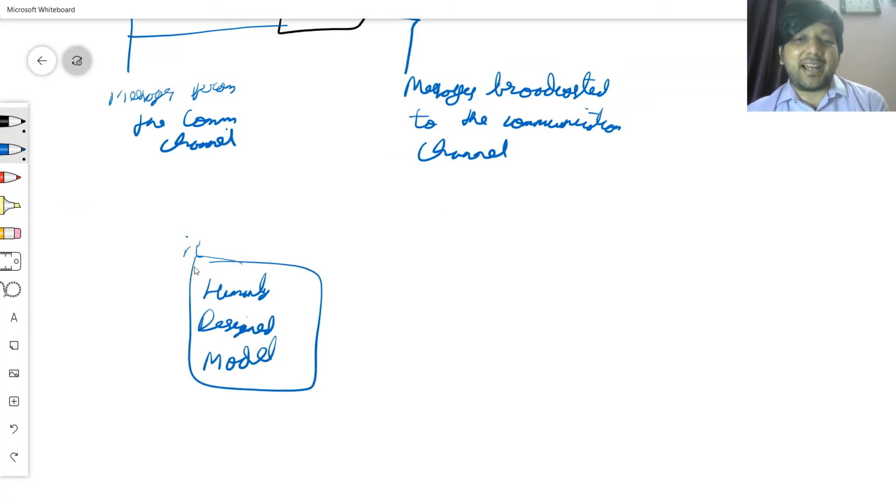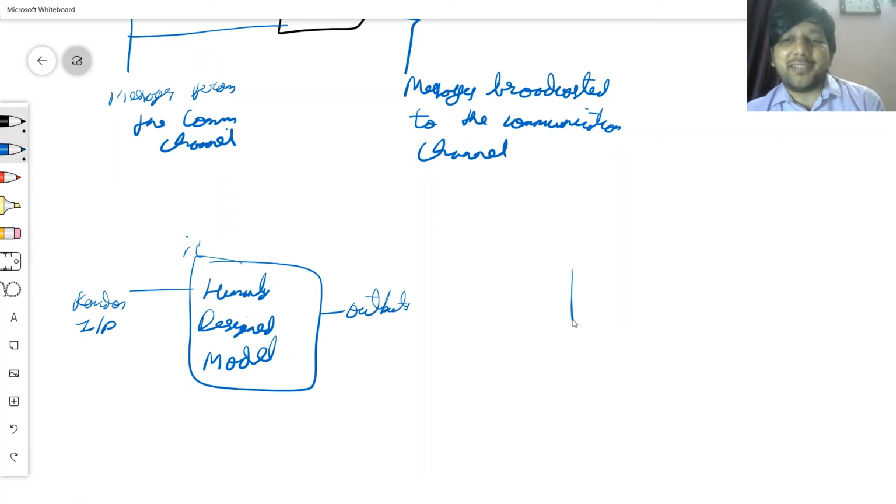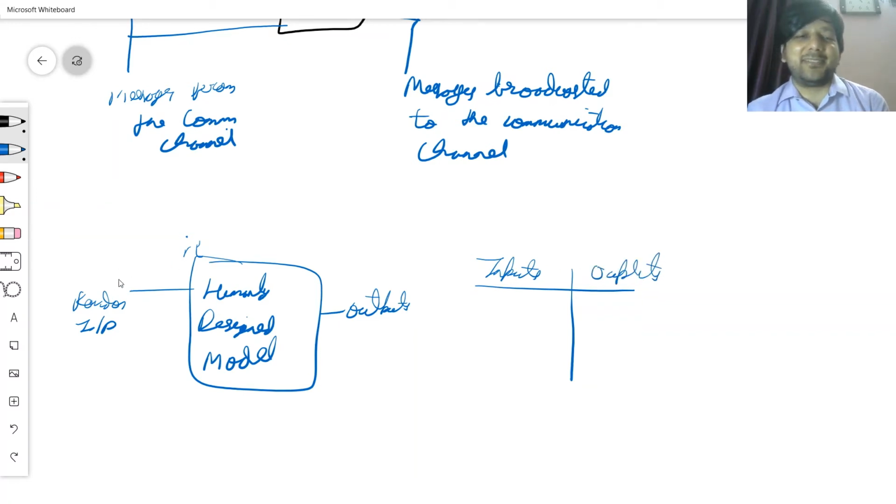Take this up, give random inputs, collect outputs, and make a table of inputs to outputs. I mean random as in you give in the real inputs, whatever you tested upon. So you get this input-output mapping.